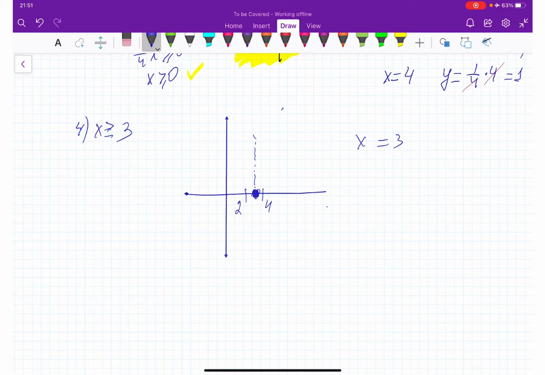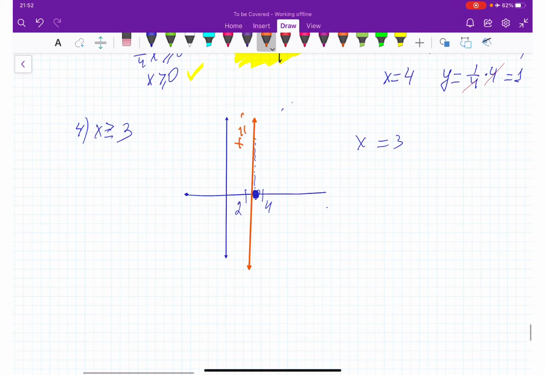Okay? And because it's a solid line, I'm going to take a solid line, and let me change the color. Okay, and this is x greater than or equal to 3, solid line. The only thing is it says x greater than 3, so we are going to shade it greater than 3. It's going to go this way.